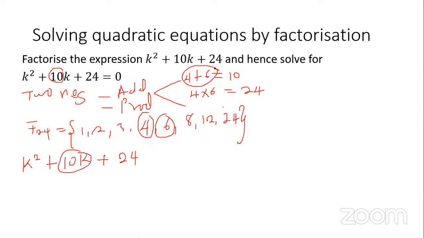I think we are going to get k squared plus (4 plus 6) in brackets, then k, plus 24.